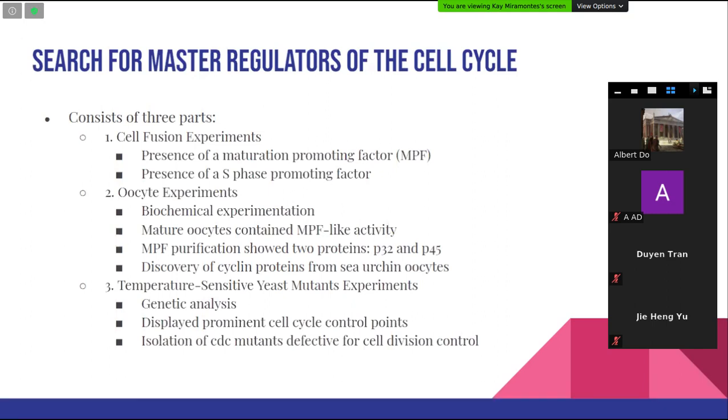And lastly, the third set involve the genetic analysis of temperature-sensitive yeast mutants, which help to identify specific proteins involved in cell cycle transitions.